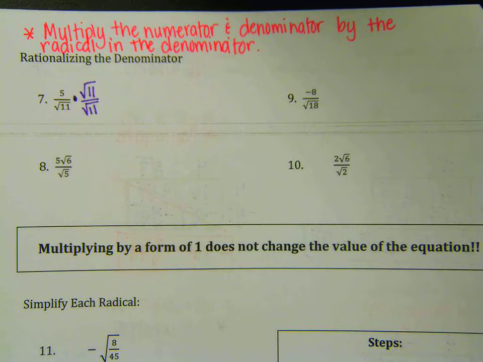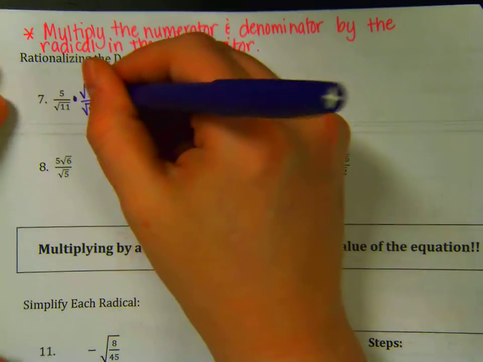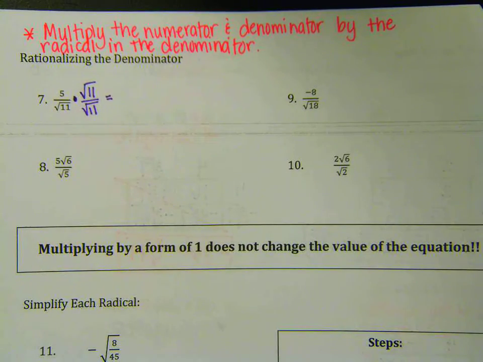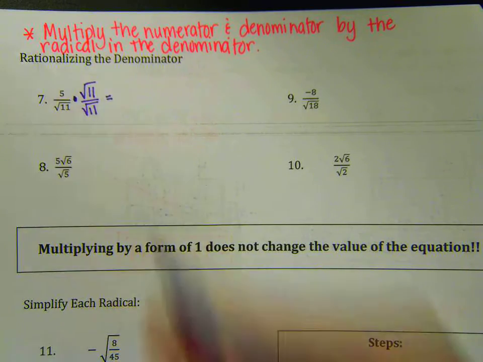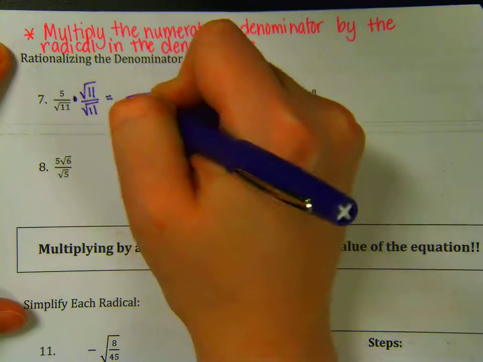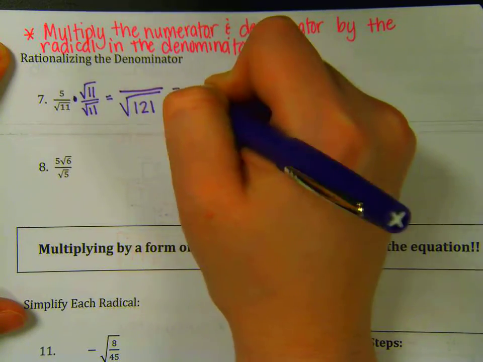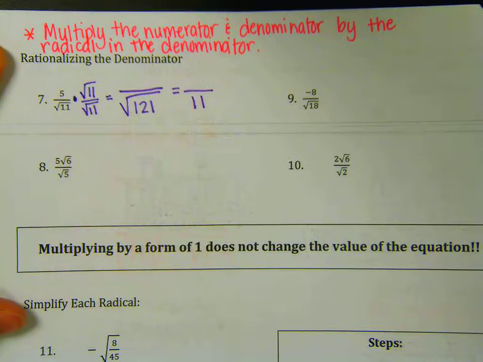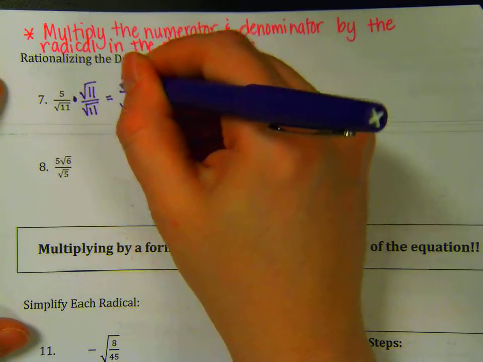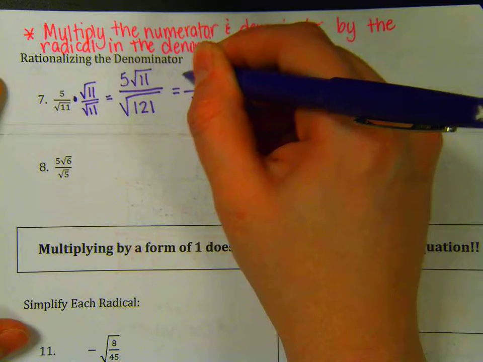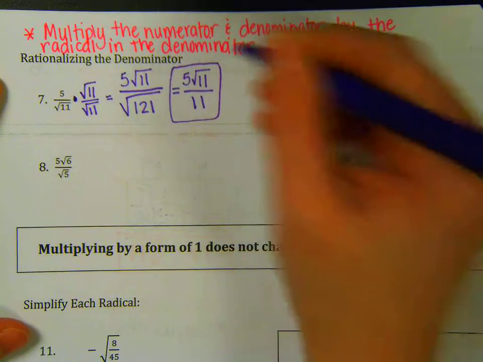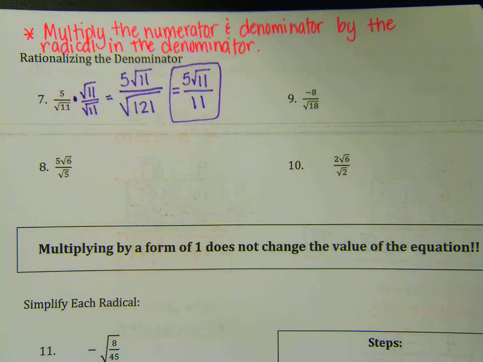I'm not going to change the value of the problem. But now what's going to happen? Well, in the denominator, square root of 11 times square root of 11. The square root of 121 I'm going to write first, but yes, that's going to give me 11. So that's going to be my denominator, just plain 11. And then 5 root 11, yeah, it's just 5 root 11. We consider that simplifying it, and it's only simplifying it because I'm getting the radical out of the denominator, and that's your goal.